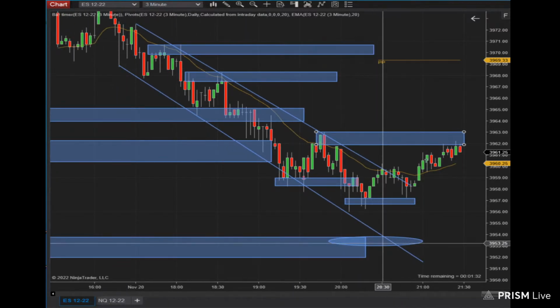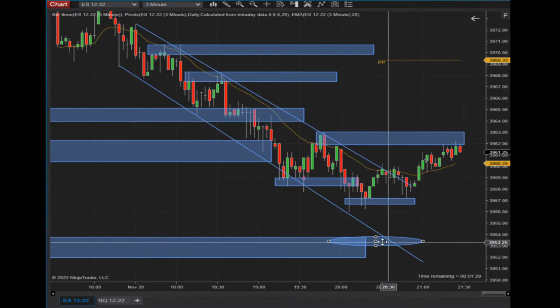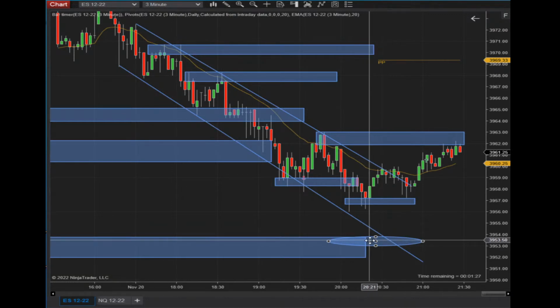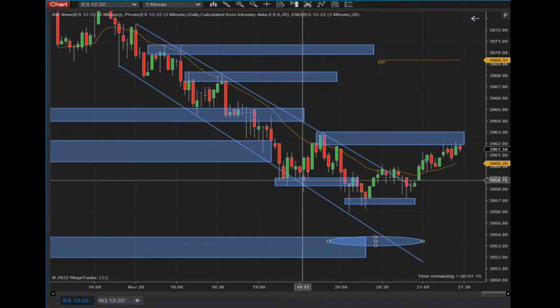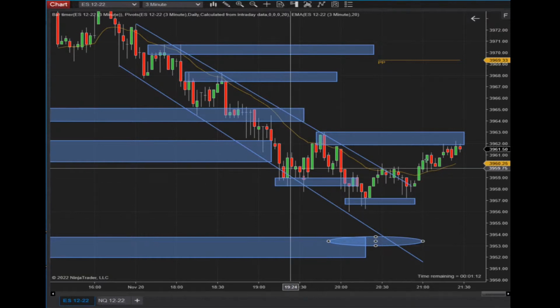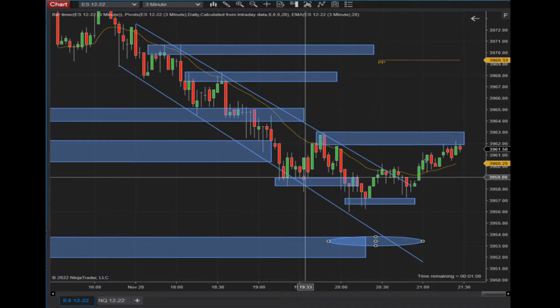This is ultimately where I thought the market was going to come. And I had this ellipse down here, way back here. And that's why right here, I wanted to go short. I thought for sure it was going to have a little bit of conviction as it bounced around a little bit right here. But no, it didn't.